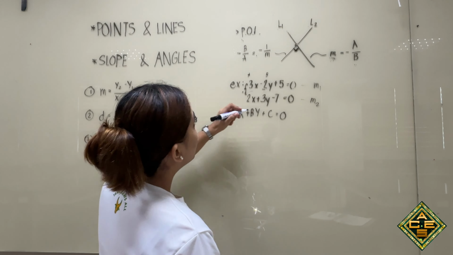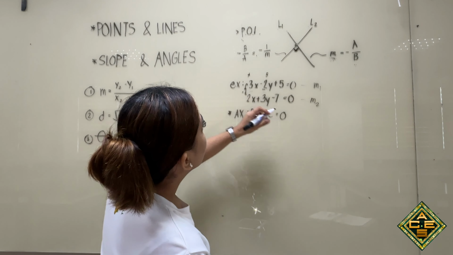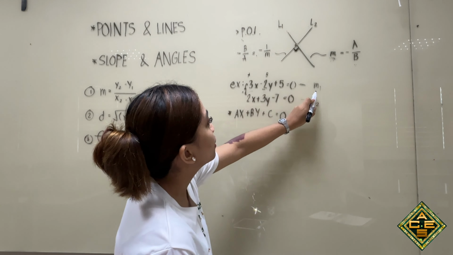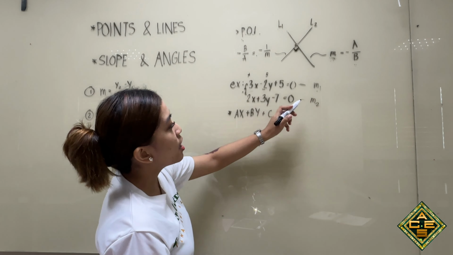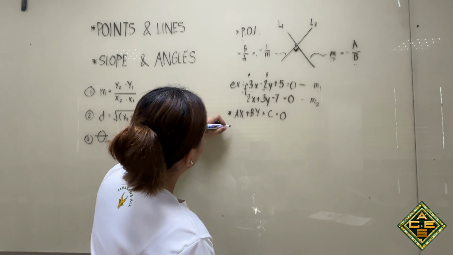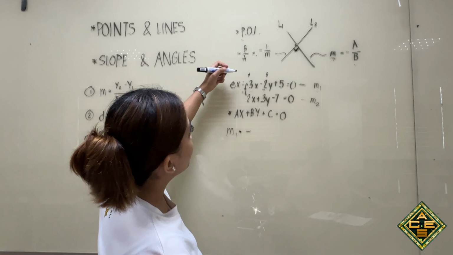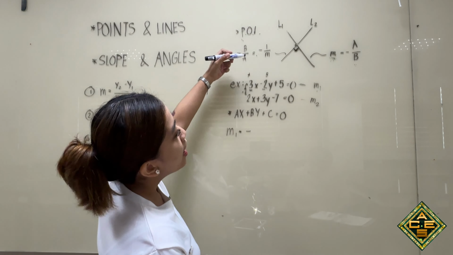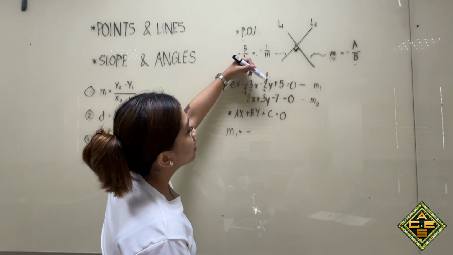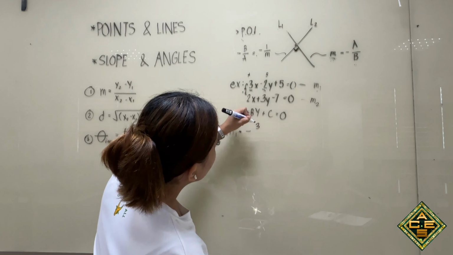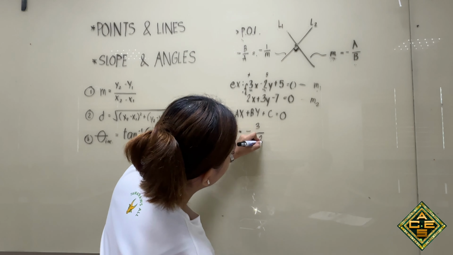So let's say that the slope of this equation of line is m1 and the other line is m2. So for m1, we have negative, so its value of a is 3, and the value of its b is negative 2. So negative 3 over negative 2.